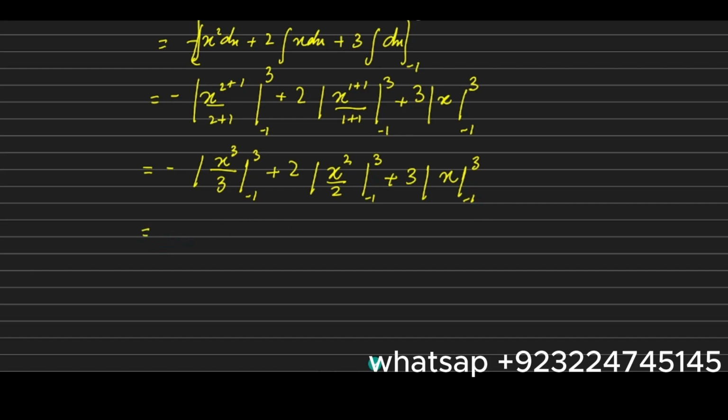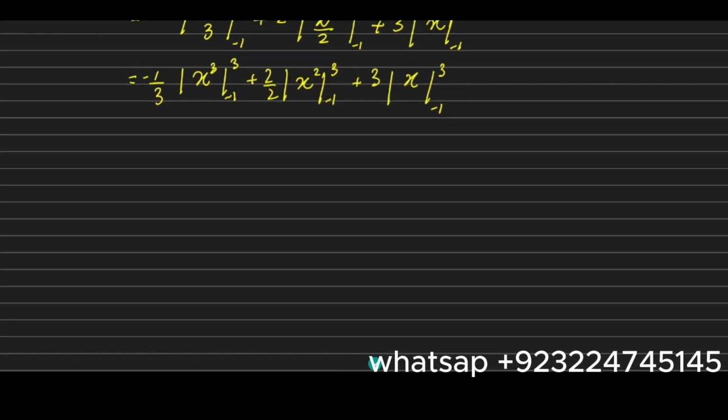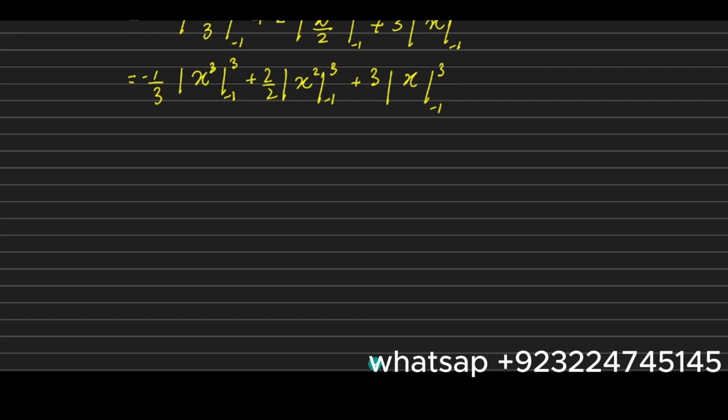We write 1 by 3 minus x cubed between 3 and minus 1, plus 2 by 2 x squared between 3 and minus 1, plus 3. Now we will replace the upper and lower limits and find the area.